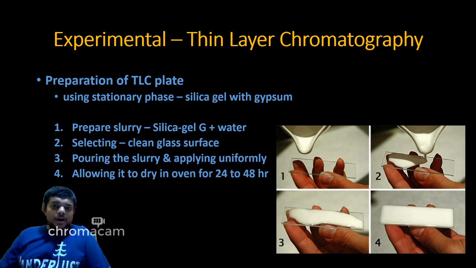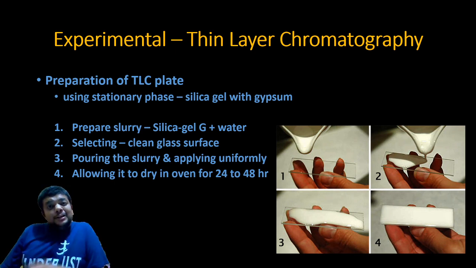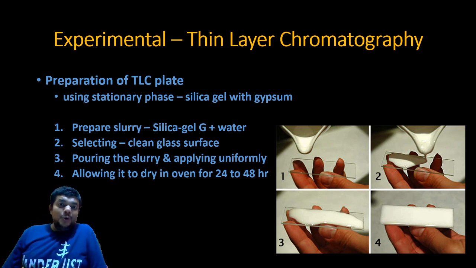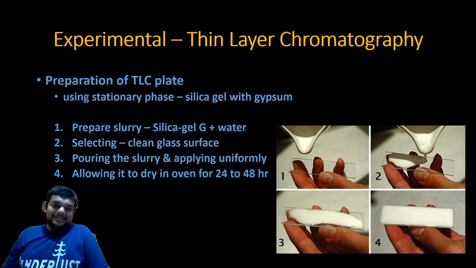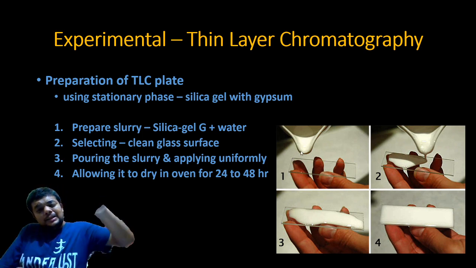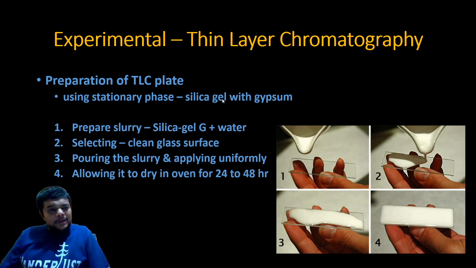So friends, a homogeneous slurry is applied on this glass plate, and generally this glass plate is nothing but that small slide that microbiology people use for blood analysis under the microscope. Point number two, once you start pouring the slurry on the plate, you need to pour it on a clean glass surface and pour it uniformly.